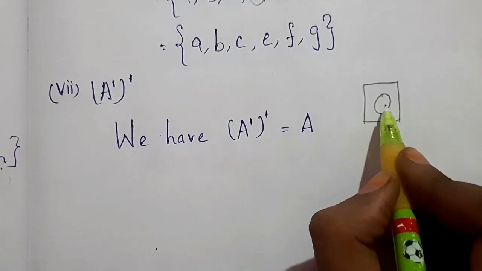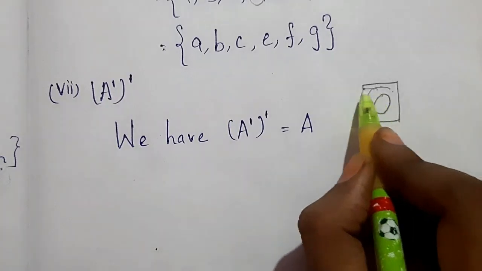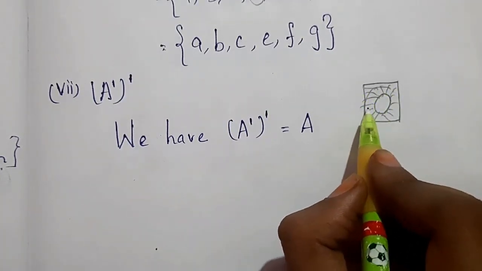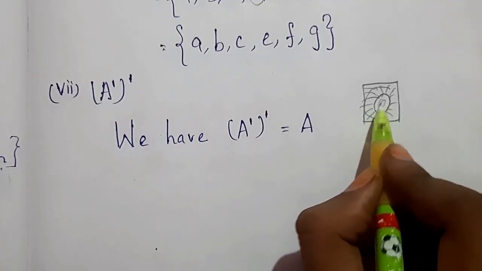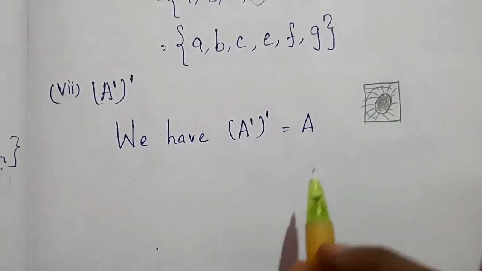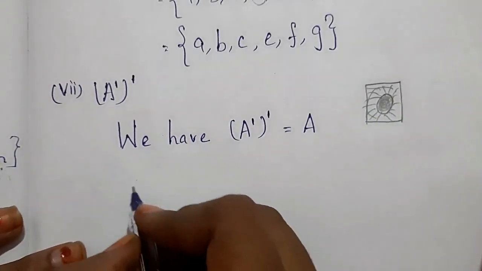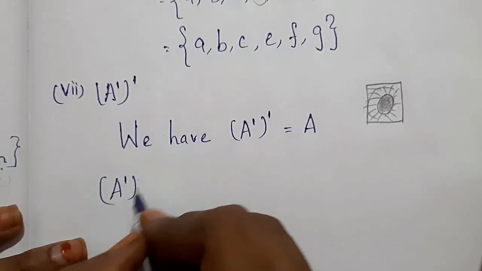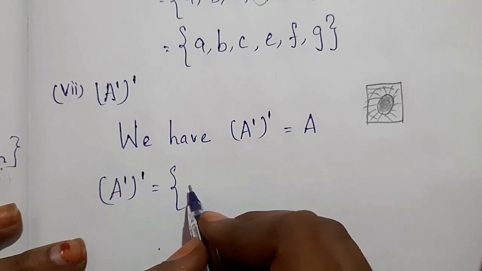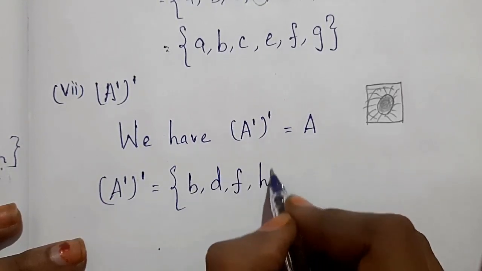This is the set A. A complement means this one. Again, if you take the complement, what will happen? You only get this A set. That is the reason we get A complement, the whole complement equal to A. So we write A complement, the whole complement, equal to the A set, which we found: B, D, F, H.